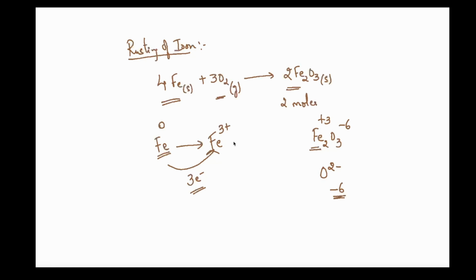Okay, so in the reactant side, iron is in its neutral state, but over the course of reaction, the iron atom gets oxidized, which means it has lost its electrons. Okay, and by losing electrons or by donating electrons, iron is reducing the other atom, which is oxygen.